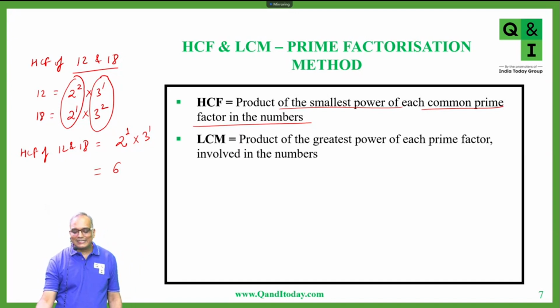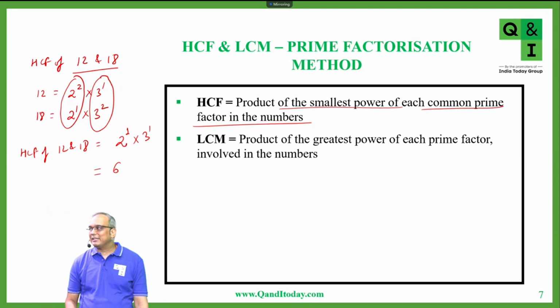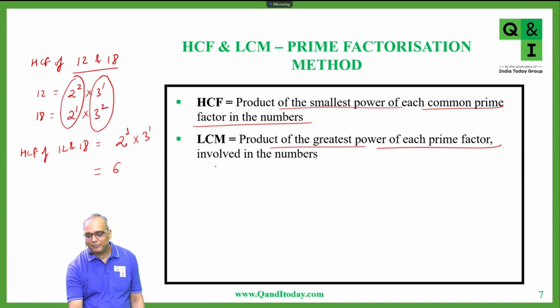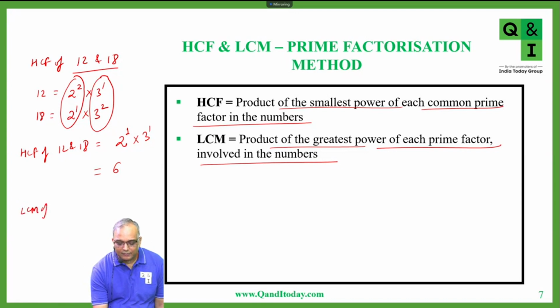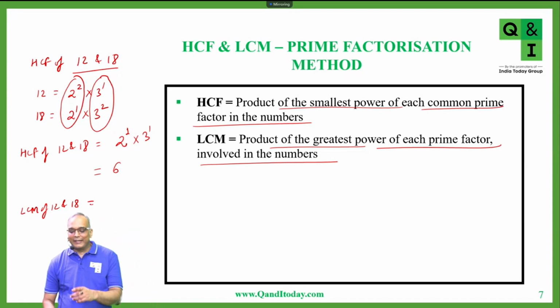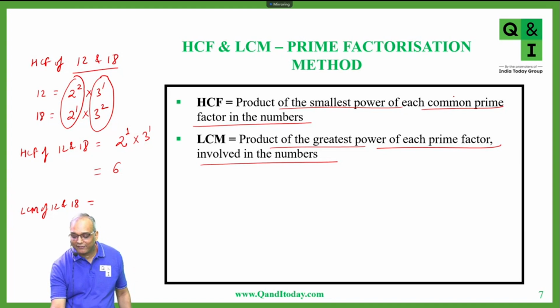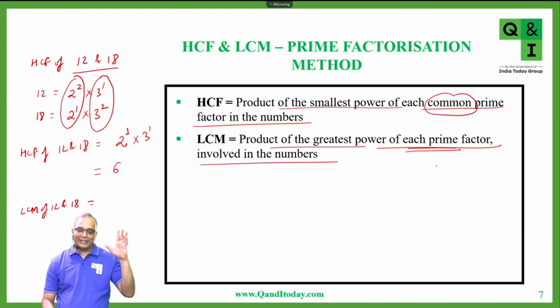Now what is LCM? LCM is the product of the greatest power of each prime factor involved in the numbers. So let's say you have to find the LCM of 12 and 18. Here you don't need common terms. For any prime factor, you have to take the greatest power of that.